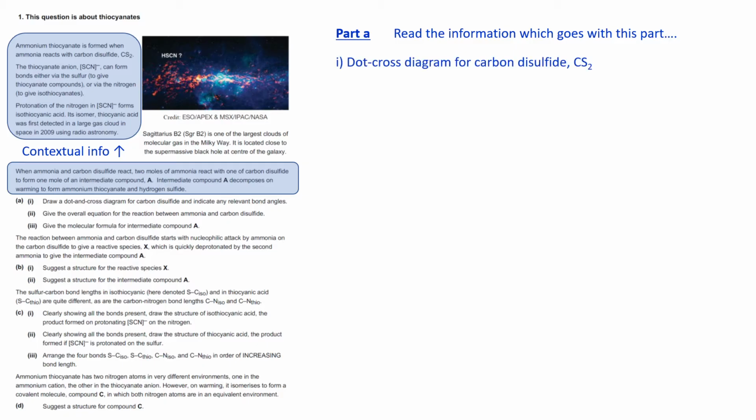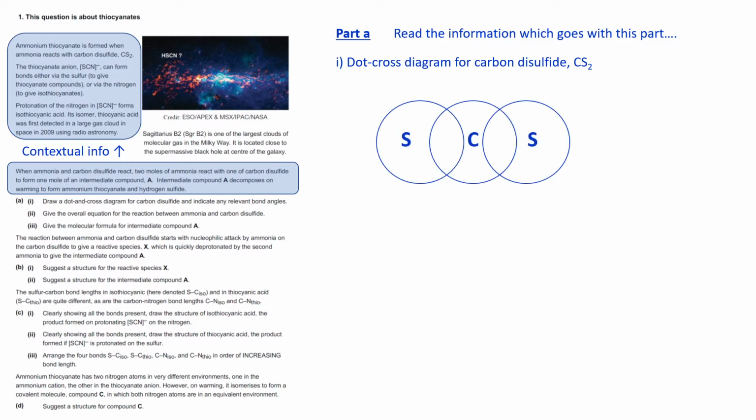So to do the dot cross diagram for carbon disulfide, first of all, you put the carbon in the middle and the sulfurs on either side. And to deduce the dot cross diagram, you start by looking at how many electrons are in the outer shell. So this is GCSE knowledge. You could also use the periodic table, obviously, as a guide. So 6 electrons in the outer shell for sulfur, because it's in group 6, 4 electrons in the outer shell for carbon, because it's in group 4.